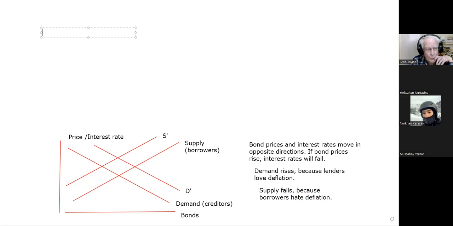So let's take a look at what happens overall. Bond prices will rise, because demand has increased for a reduced supply.